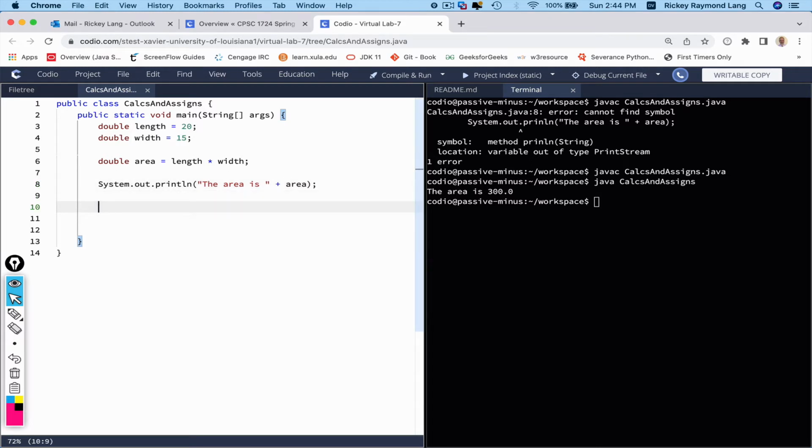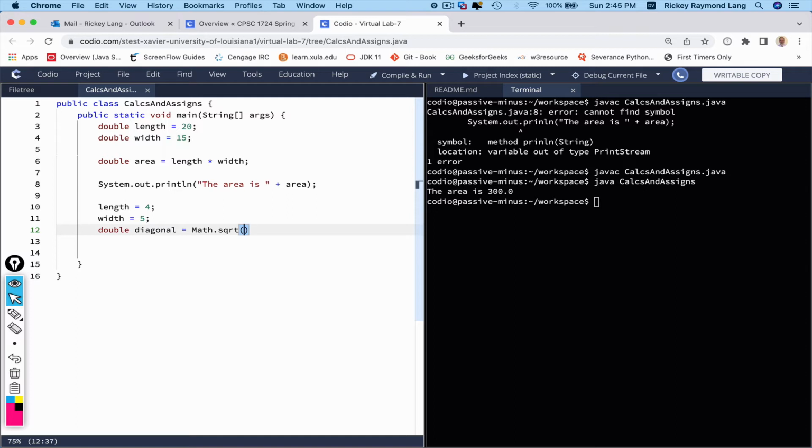Suppose I need to know the diagonal of my room. I can change a variable that I have already to anything I like. The function is Math.sqrt, and then in parentheses, whatever it is you're trying to find the square root of.